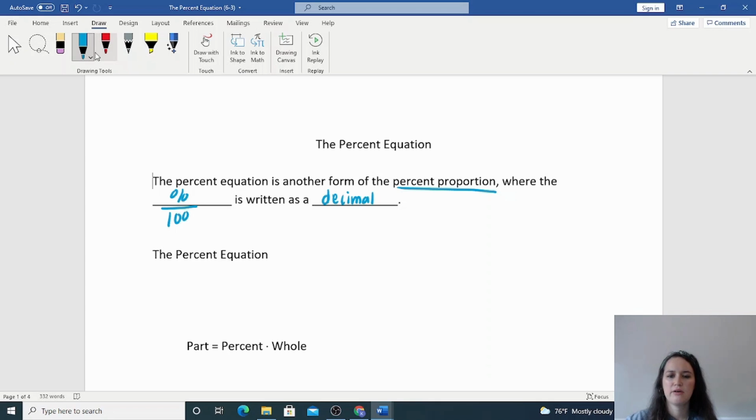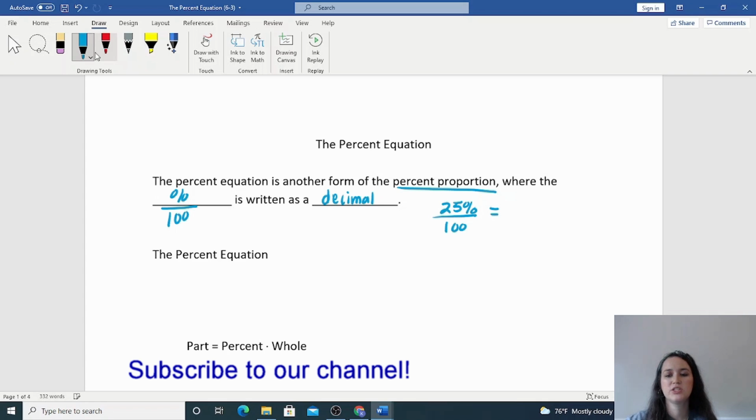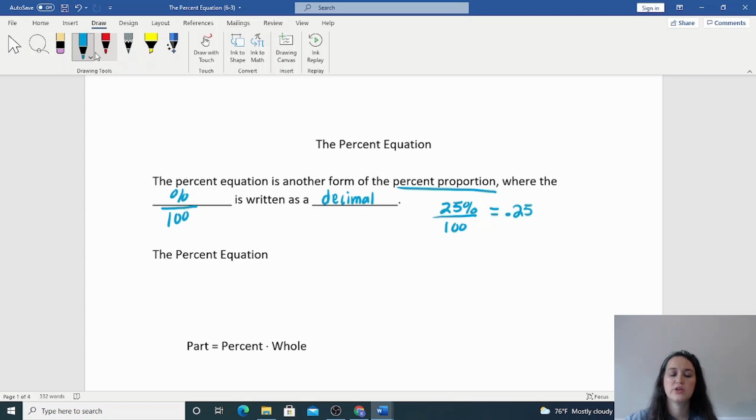So let's say I have 25%. If I wrote 25% over 100 and put that in my calculator, that's just going to be 0.25. So I'm changing the 25 over 100 into the decimal. Anytime you have a percentage, even 15%, put your decimal two places in front of the number, so 0.15.